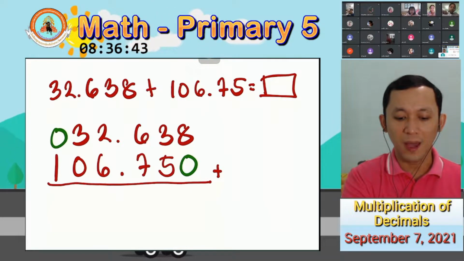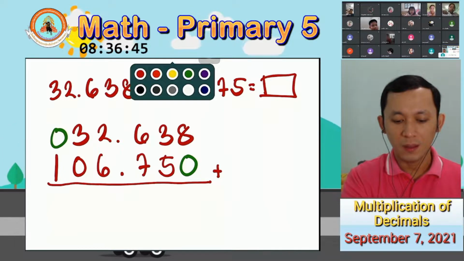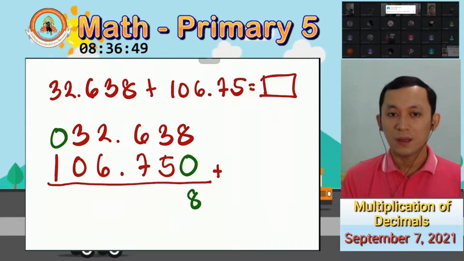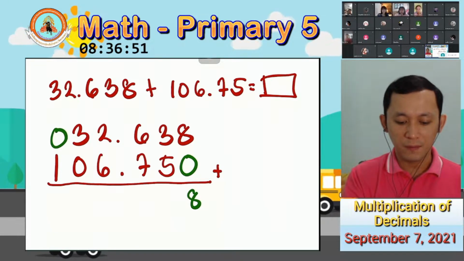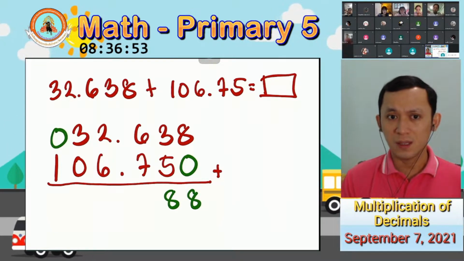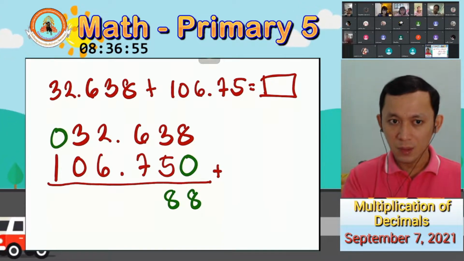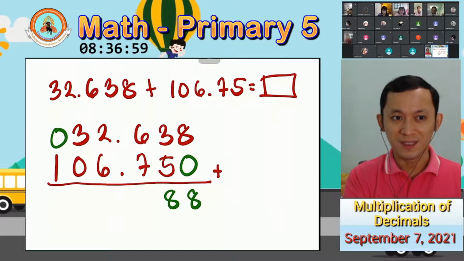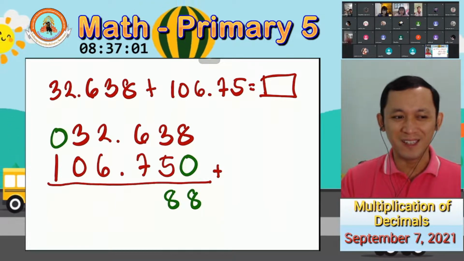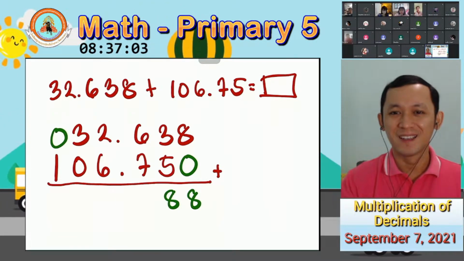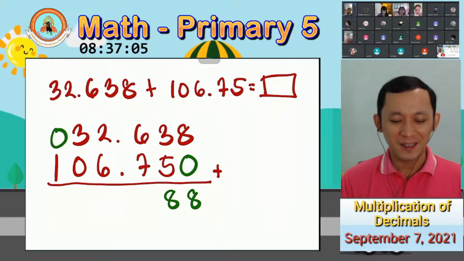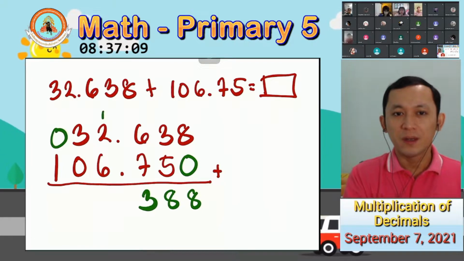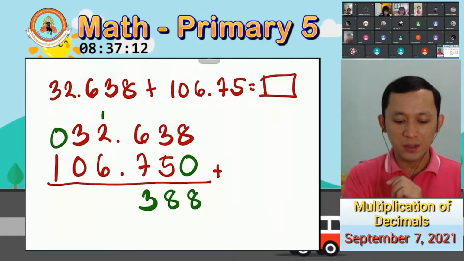So let's proceed with the addition. 8 plus 0, we have 8. 3 plus 5, we have 8. 6 plus 7, what's the answer? 13. 3, carry 1. Make sure, do not forget your decimal point.